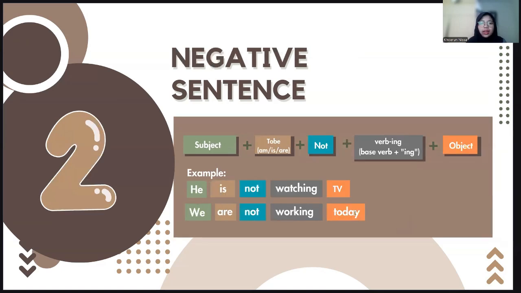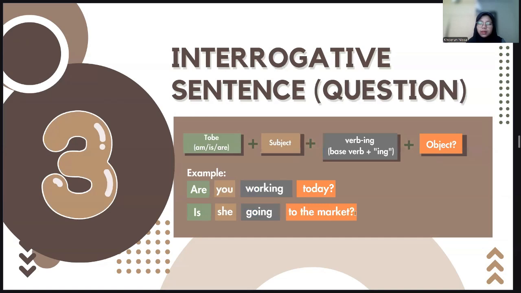For the negative sentence, we have formula subject plus to be plus not plus verb ing plus object. For example, he is not watching TV. We are not working today. Next is interrogative sentence or question.